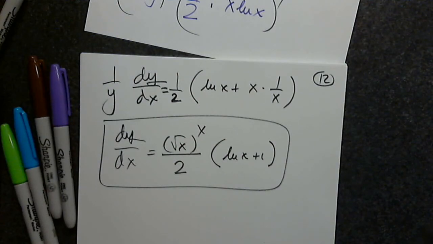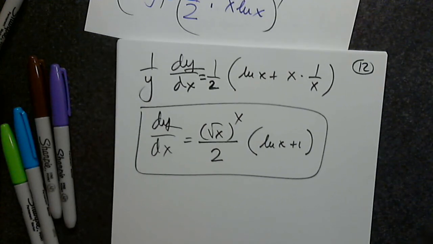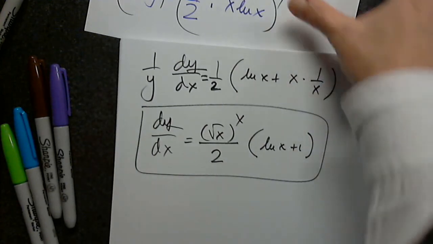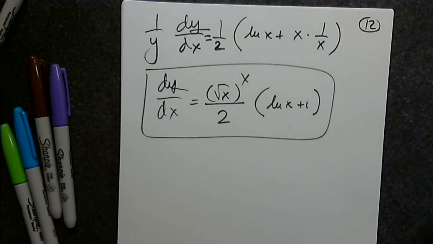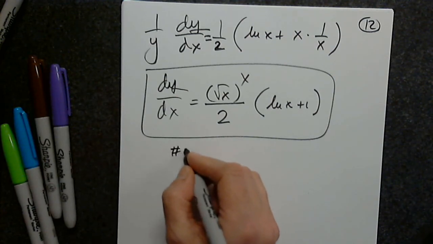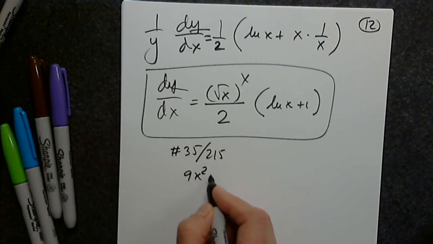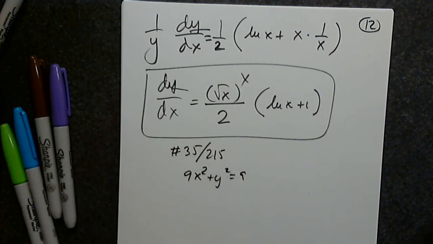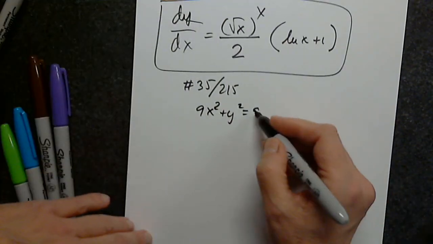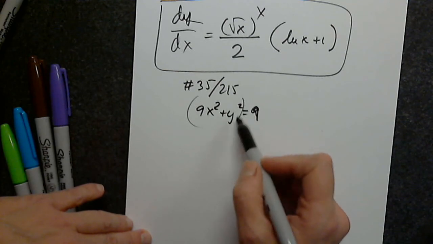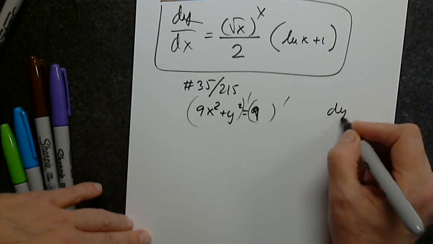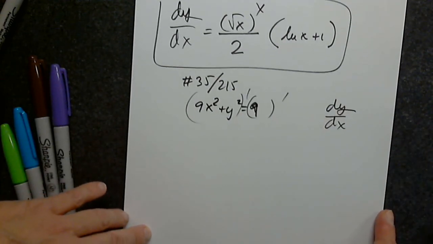So 9x squared plus y squared equals 9. Very good. So we want to find the first derivative. In other words, dy over dx first.